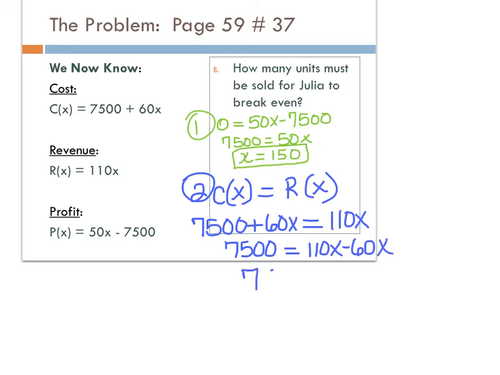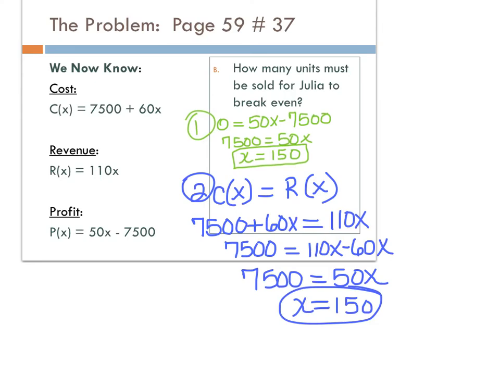So we get 7,500 equals 50x, which we've already determined gives x equals 150. So at 150 widgets, that's where Julia's going to break even.